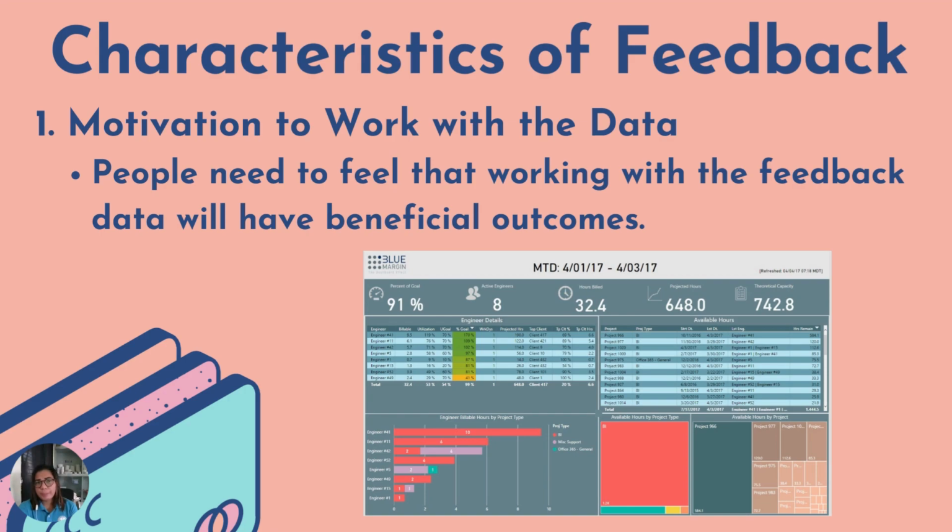People need to feel that working with the feedback data will have beneficial outcomes, because if people have little motivation to work with the data, or feel that there is little chance to use the data for change, then the information will not be owned by the client system.